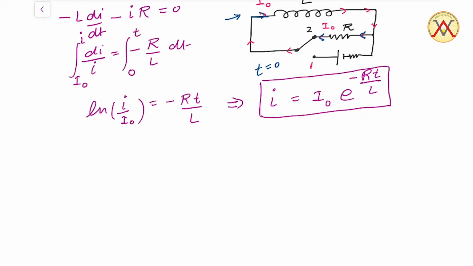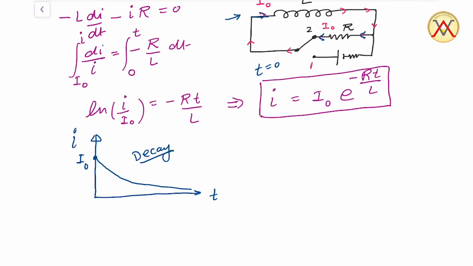So when we draw the graph of the current with respect to time, at t equals 0 the current is I0, and this current is exponentially decreasing, and after a long time the current becomes 0. So this circuit is called a current decay circuit.